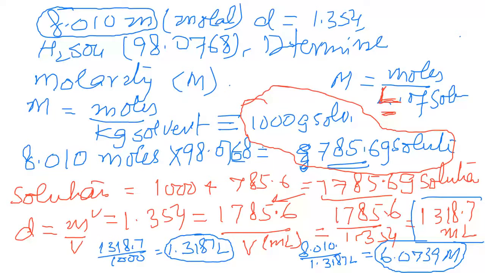First of all, you should understand what the question is, what is given and what is going to be asked. So first you write what is given. Tell me now. We have the molality and the density. Very good. This molality is per kilogram of the solvent. It means the solvent we already know, right?